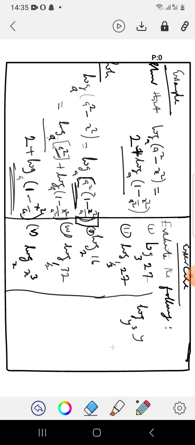We should look at that. Then log of 1 over x. That's number 5, this is 6, then this is 7, then 8. That's the 8th one.